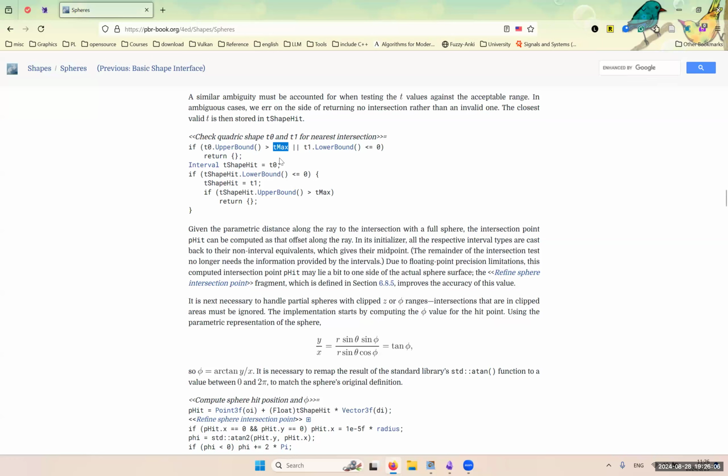So I guess T0 might have been reported as a hit, but if the upper bound of its error is outside of the range, then you don't want to use the hit. I see.